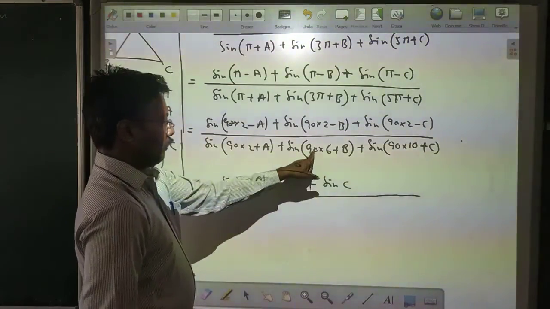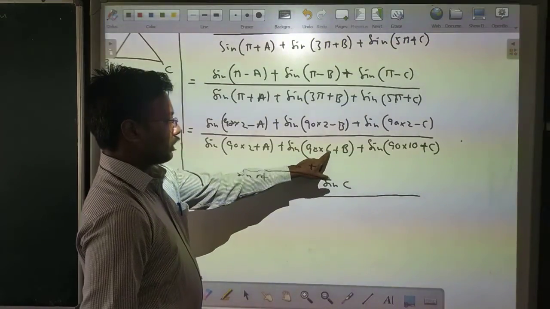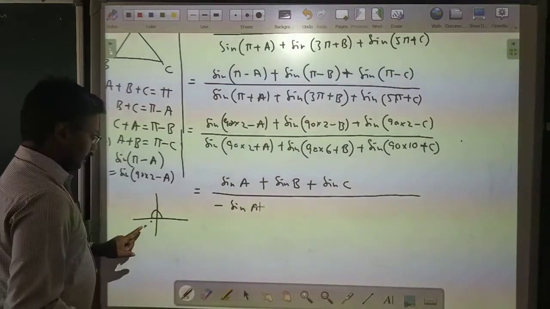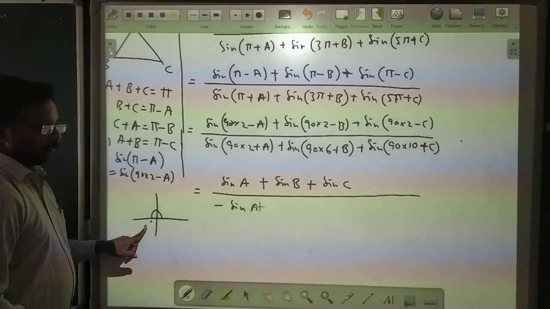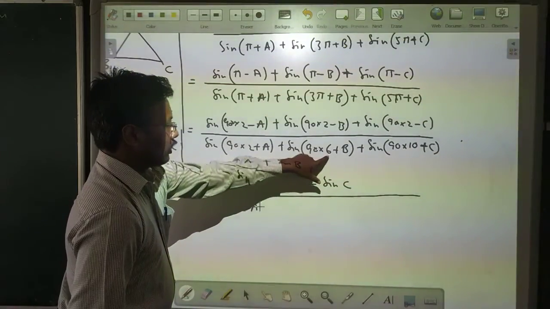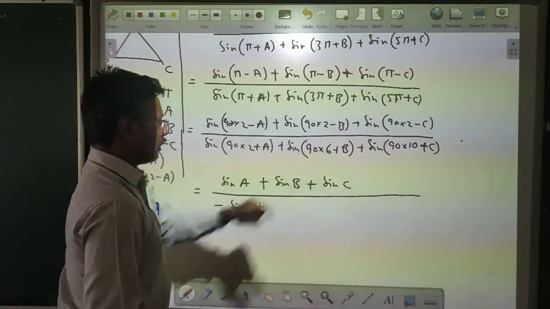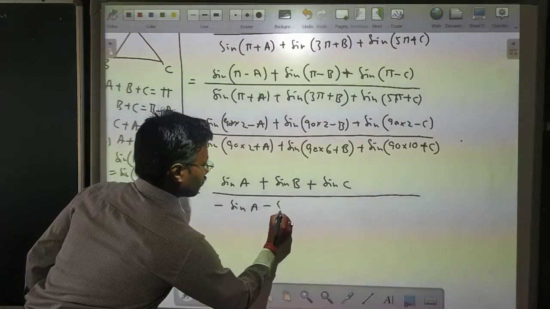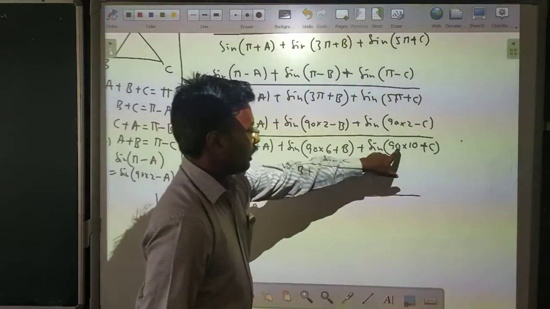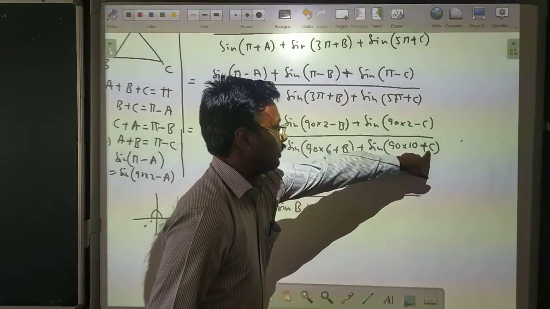Similarly, if you look at this 90 into 6 plus b, this angle is coming in the third quadrant, right? And this number is even, so from here you will be getting minus sine b. Next, sine 90 into 10 plus c.